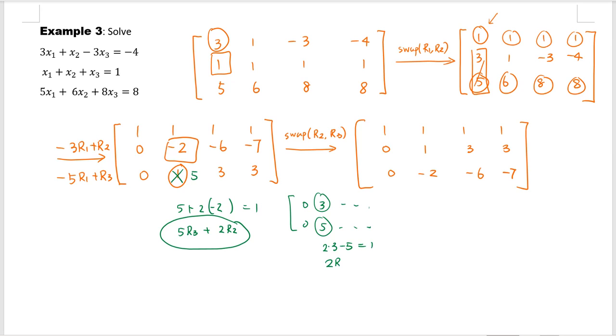Then 2 row 2 minus row 3 will get 1, but I want to replace row 2 by the new resulting row, so we write it as negative row 3 added to 2 row 2. In this case, we replace row 2 by the new resulting row. So this is the correct row operation. I hope you will do more examples and exercises with this.